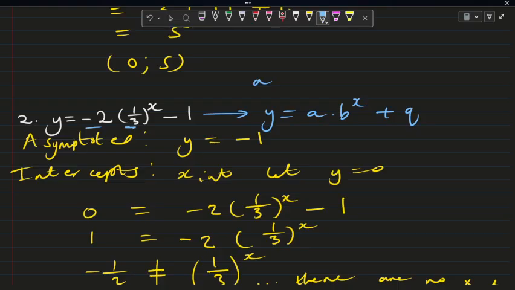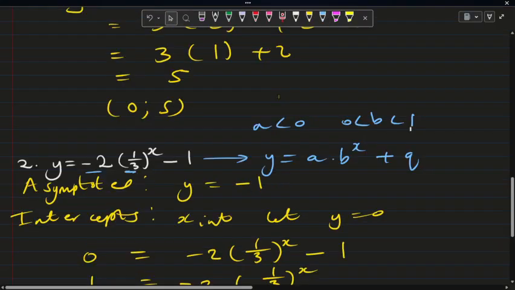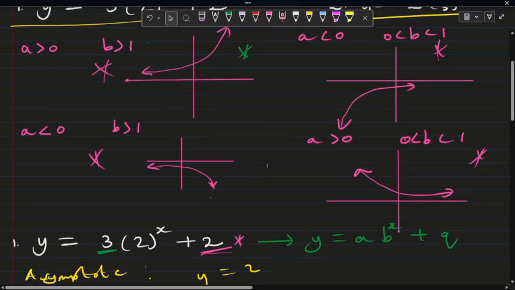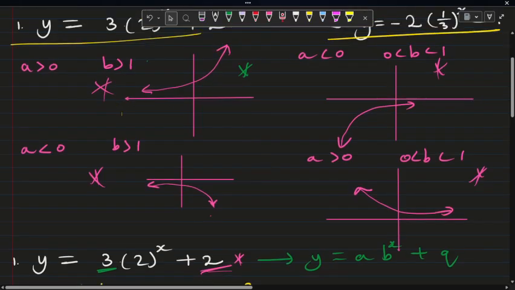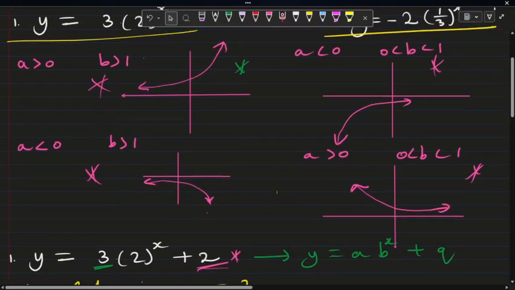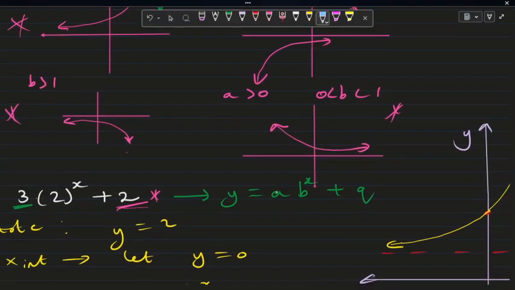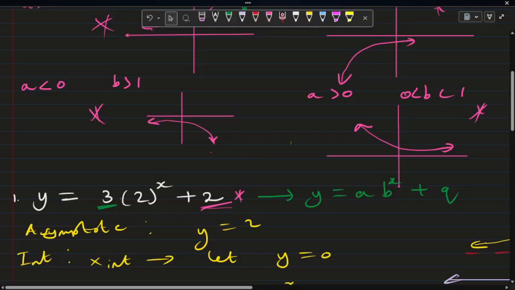Okay, so this is our a, this is our b. Now our a is negative in this situation, and then our b is between 0 and 1, like that. Okay, so from these four diagrams that we constructed earlier, we are looking for a scenario whereby a is negative and b is between 0 and 1.